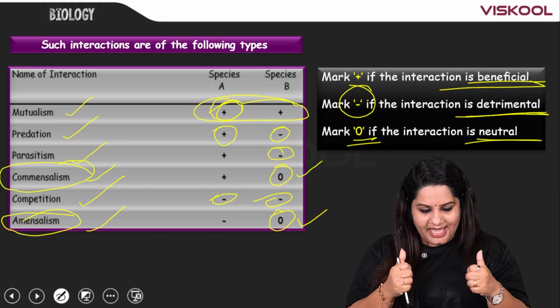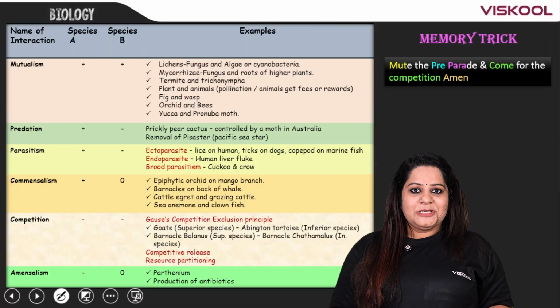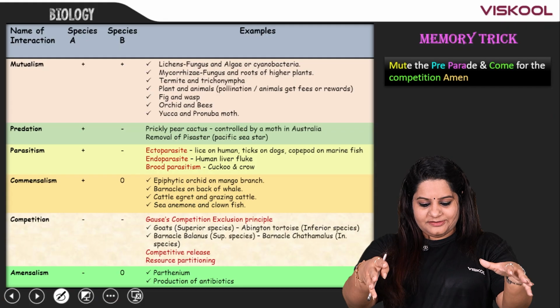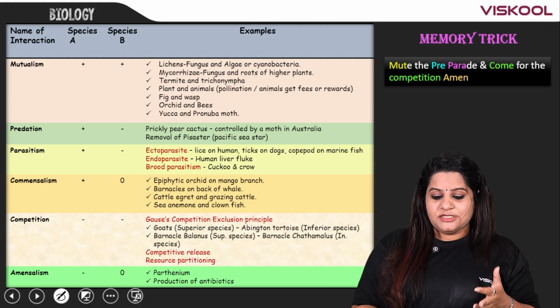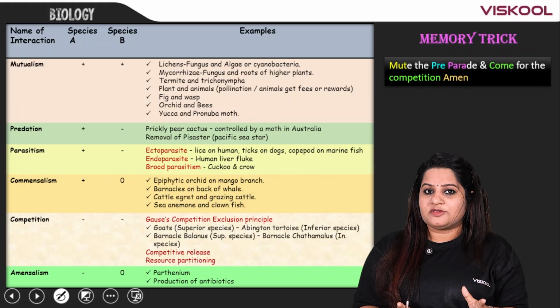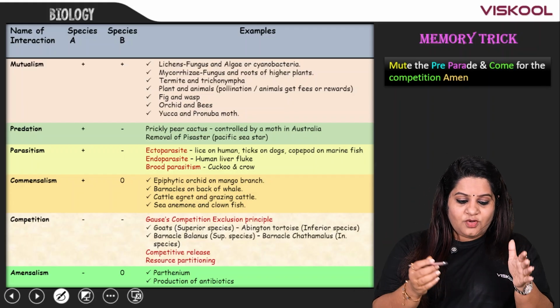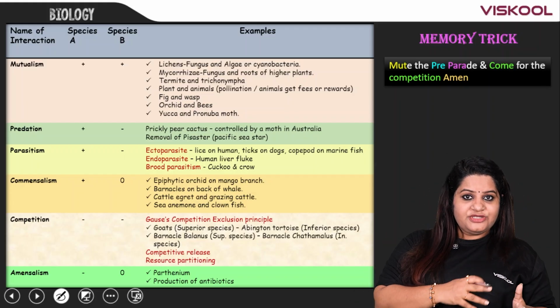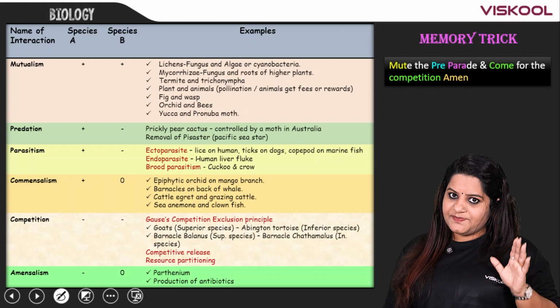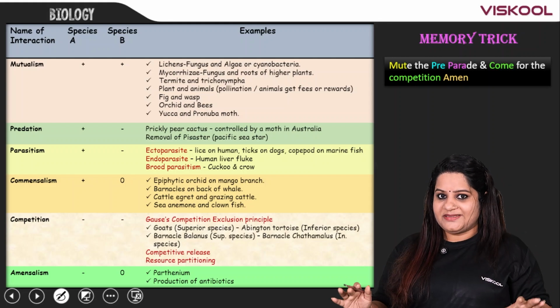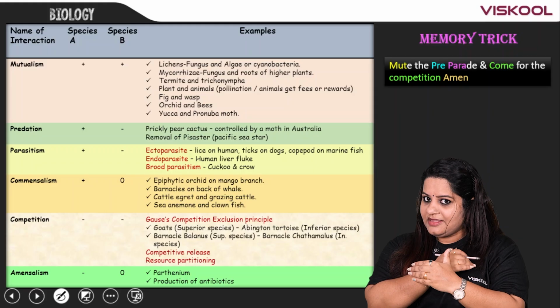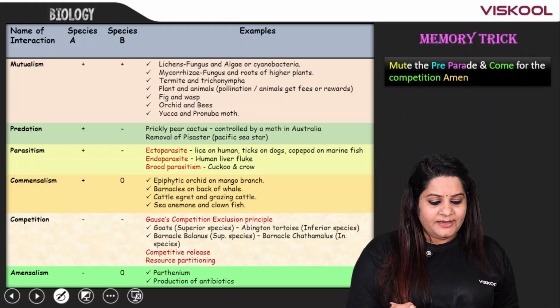Here I made a tabular column which includes all the examples. This table is very important for you, as for every interaction I have given the examples. First of all we are going to study mutualism, so let's see.